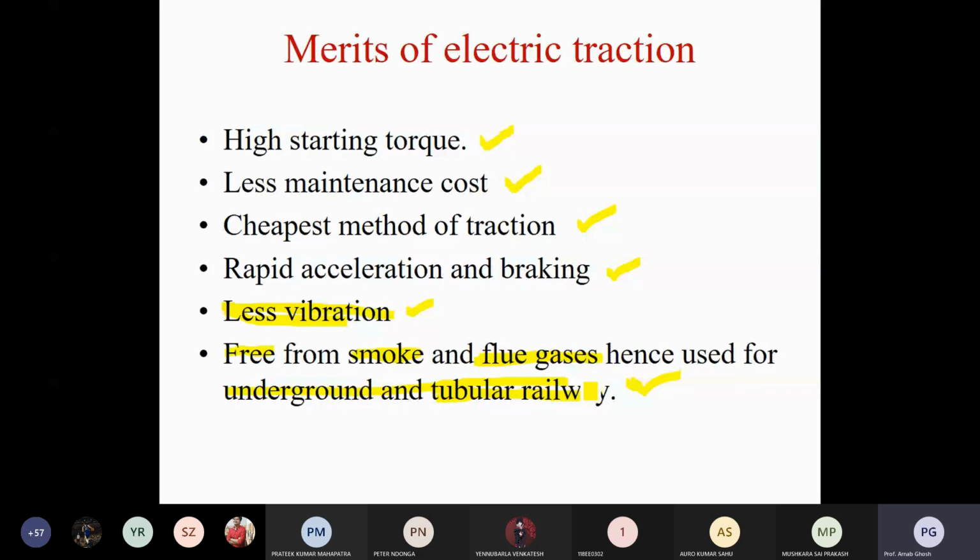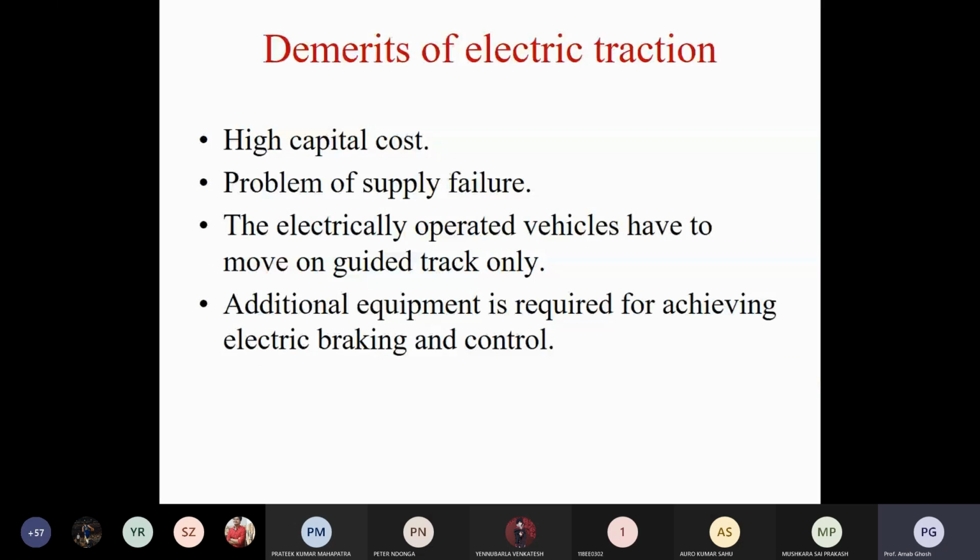Now the demerits. If there is an advantage, the disadvantage will also be there. What are the disadvantages? First, high capital cost, meaning the initial investment is high. You have to acquire the land and put down the railway track. Then different PSUs are involved, like BHEL providing the machines, TWL or Chittaranjan providing the bogies, different companies providing the railway bogies.